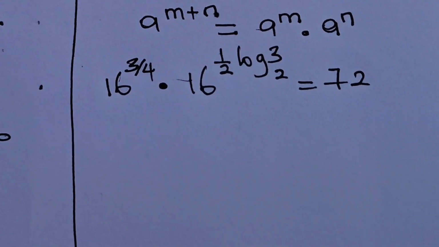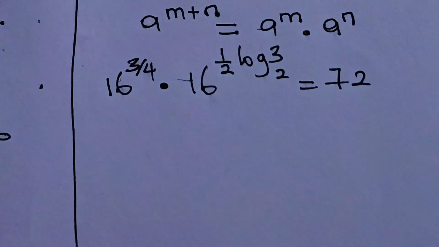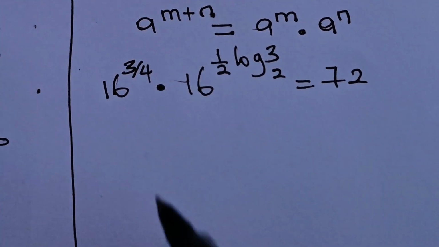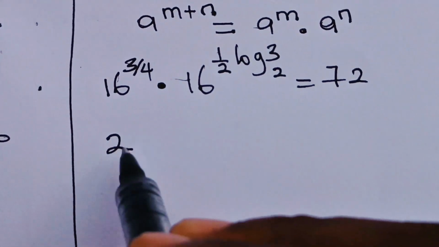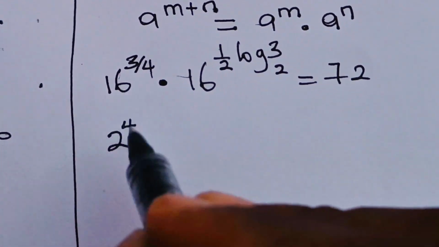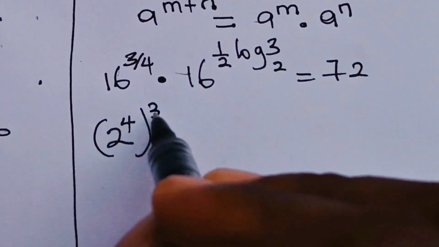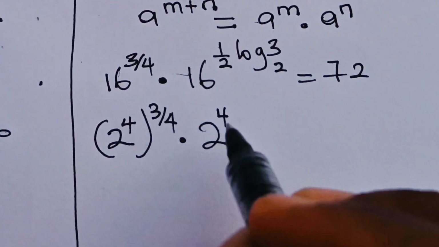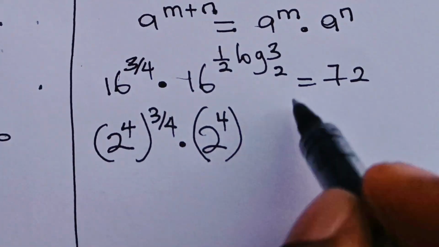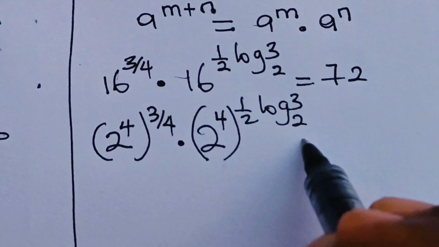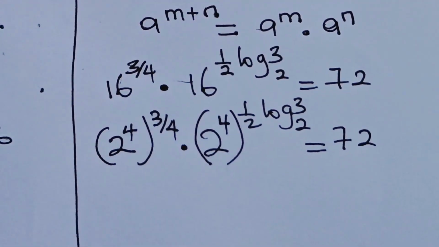Now, let's change both to base 2. So we have 2 to the power of 4, because 16 is the same thing as 2 to the power of 4, raised to the power of 3 over 4, multiplied by 2 to the power of 4 raised to the power of half log 3 base 2, is equal to 72.